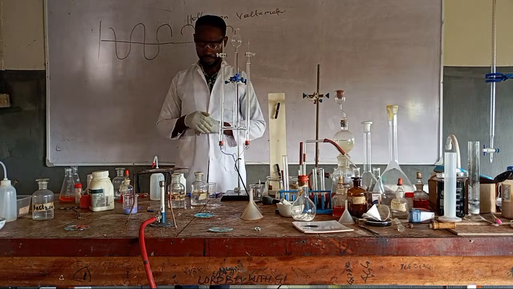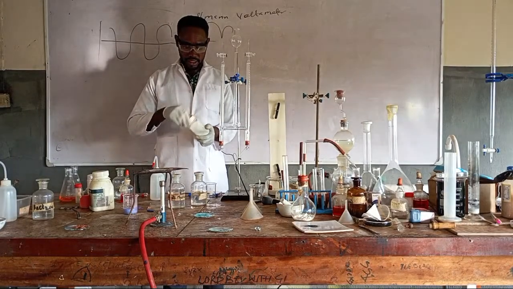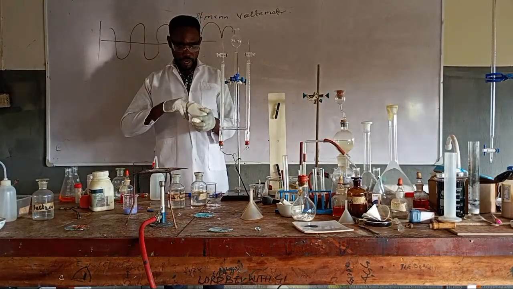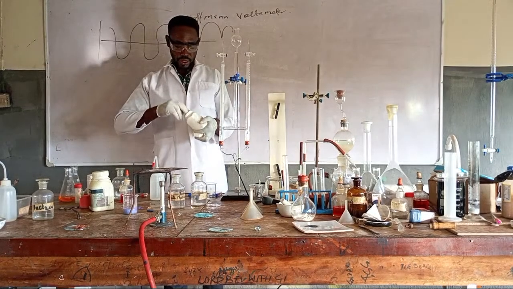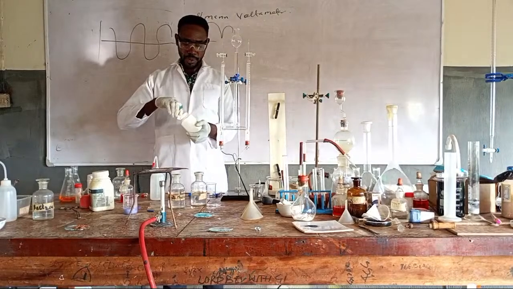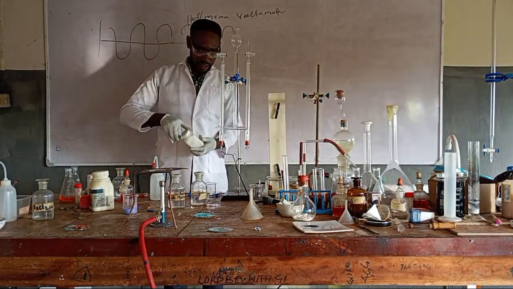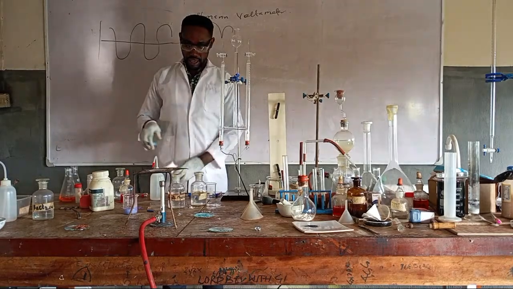Am I communicating? Okay? But to confirm more, I clean my hands so that the water will not come from my hand. I want to get another cobalt 2 chloride paper. We use this in biology to test for transpiration.